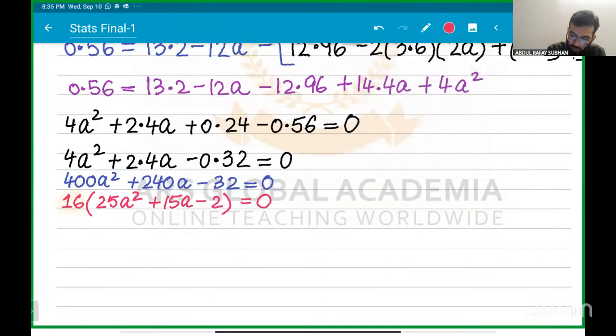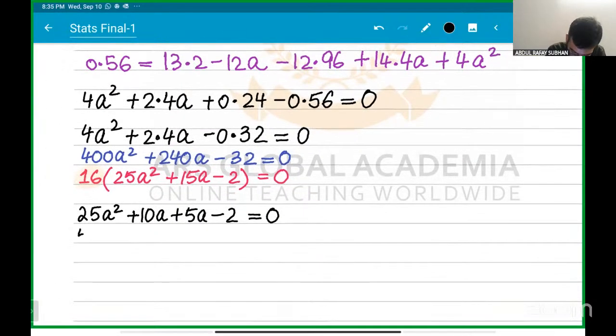We got 25a squared plus 15a minus 2, so just do the factorization and get the value. 25 twos are 50, and 50 can be made by 10 fives. So 10 fives are 50. Let's see if we can get it correct. It will be 5a common, 5 fives are 25, plus 1 common, 5a minus 2.